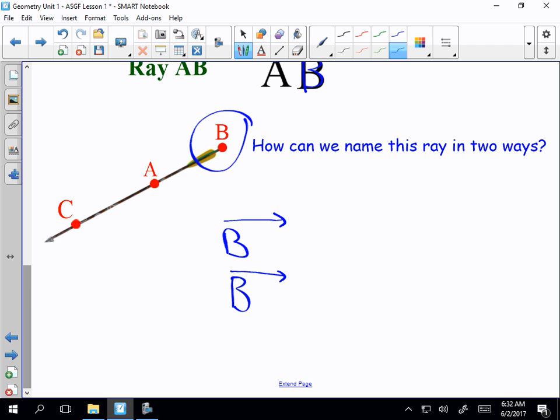This one can go from B in the direction of A. And remember, just like a line, a ray goes off to infinity in that one direction. So we could also name this one BC. Same starting point, same direction. That's what's important with rays: the starting point of the ray and the direction that it goes in.